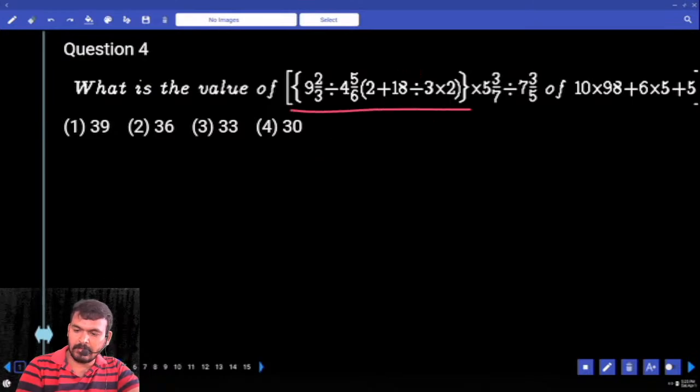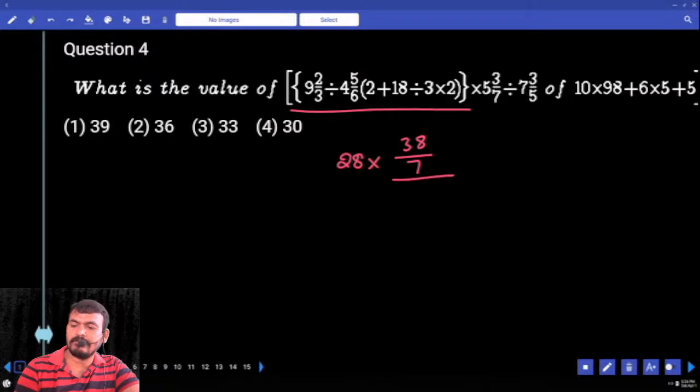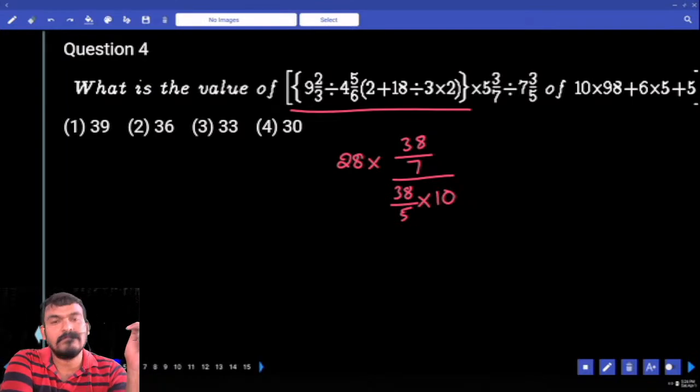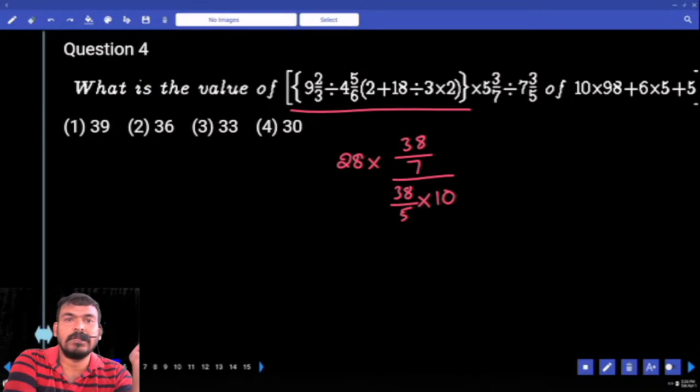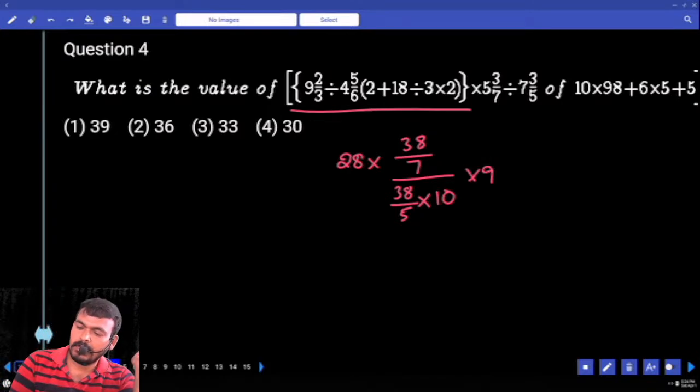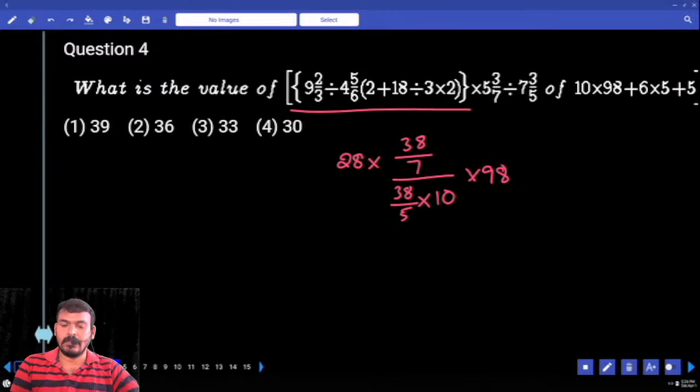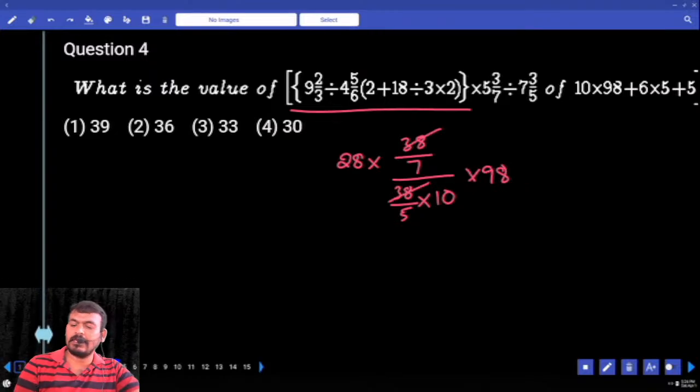This total bracket value we are getting 28 multiplied by 38 by 7, divide by how much value? 7 3 by 5 means it is 38 by 5 into how much? 10 or not? 10 into how much value? 98 or not? And numerator 38, denominator 38 cancel or not?